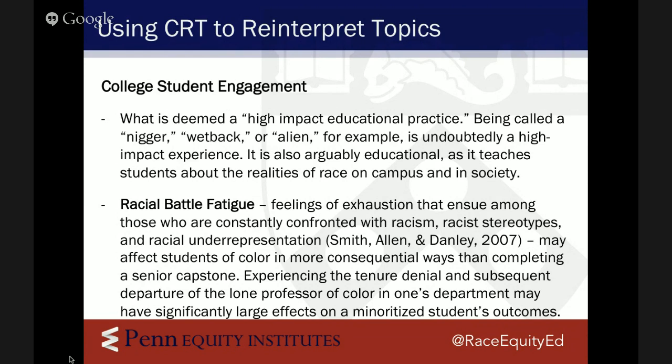So too could experiencing the denial and subsequent departure of the lone professor of color in one's department. Those can have significantly large effects on minoritized student outcomes.